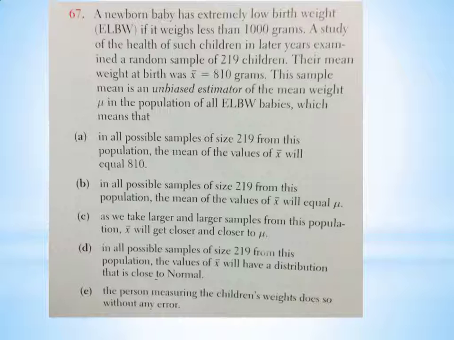Which means that what? Well, remember, unbiased estimator would talk about the center of the distribution. If the center of the sampling distribution is equal to the population, what's the population? Remember, population is mu. If I look at which one talks about my X bar equaling mu, it would be B.